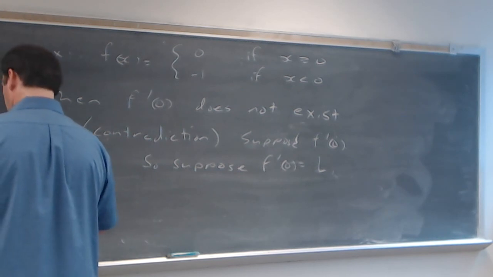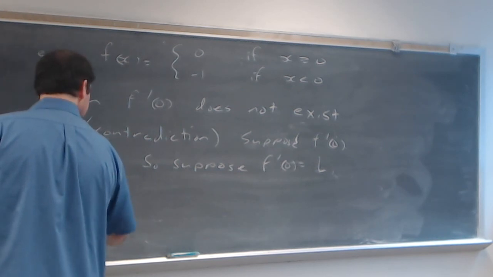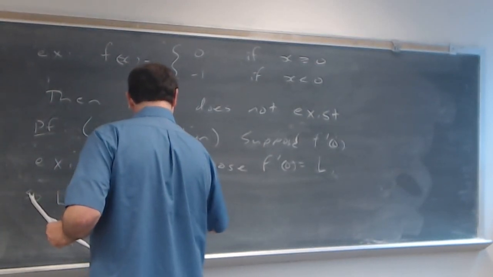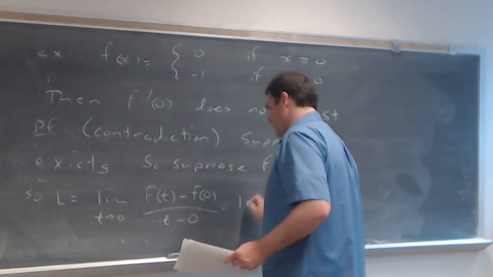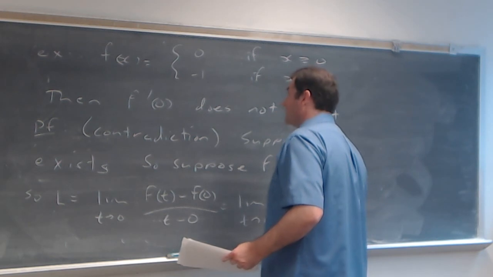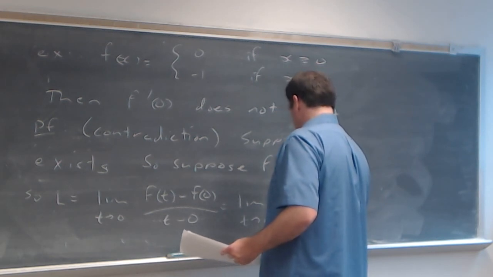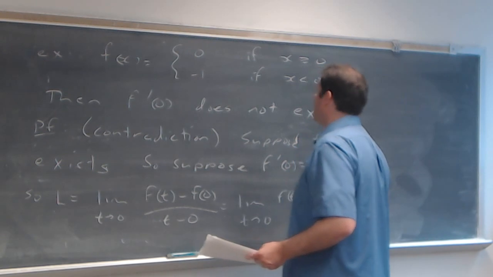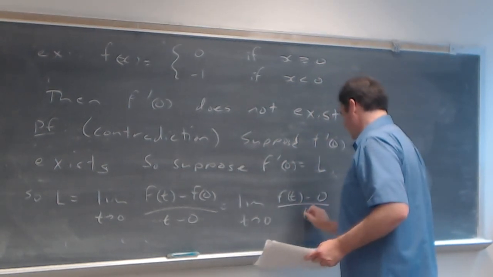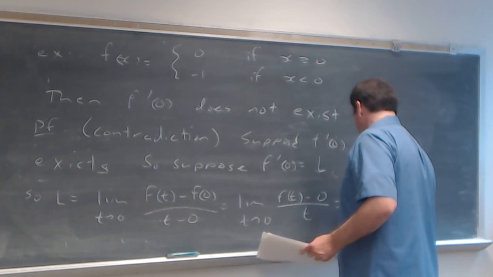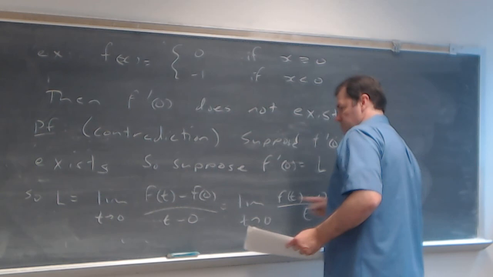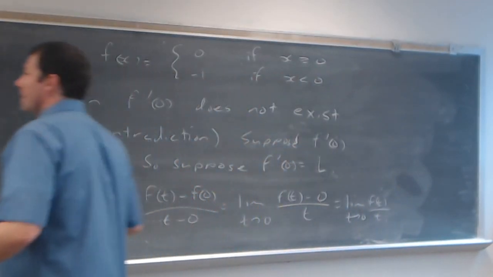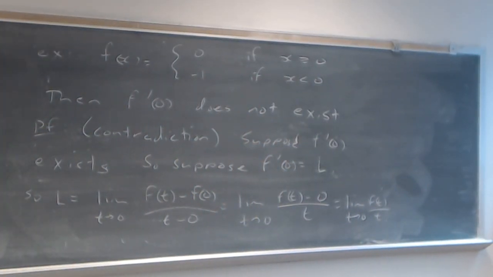So that means that L is equal to the limit as t goes to 0 of f of t minus f of 0 all over t minus 0, which is equal to the limit as t goes to 0 of f of t minus 0 all over t, since f of 0 was defined to be 0, which equals the limit as t goes to 0 of f of t over t. So that's what L is. It's that limit.